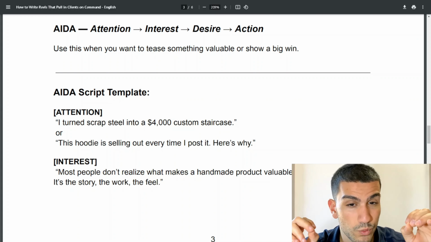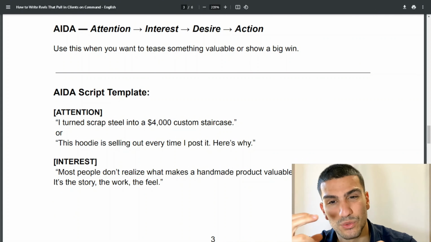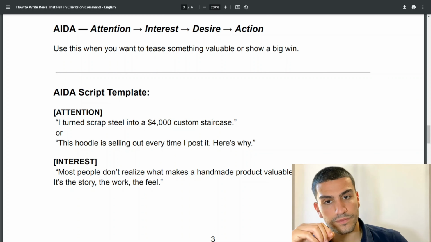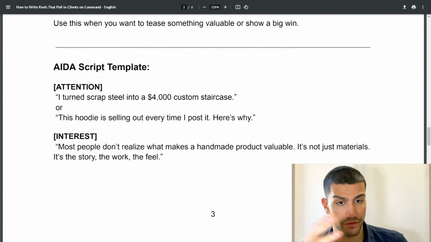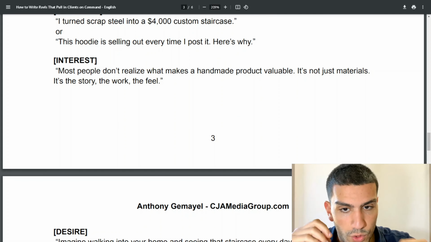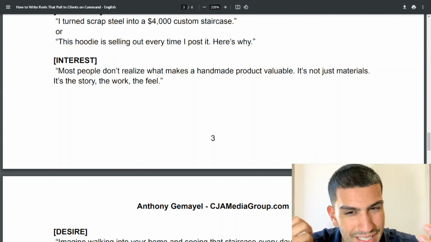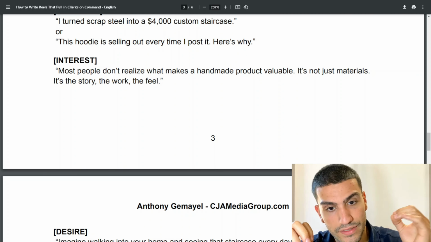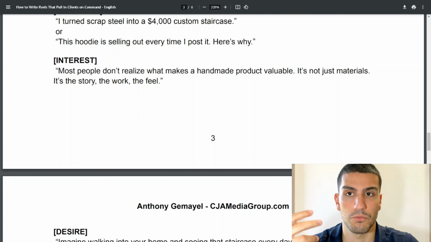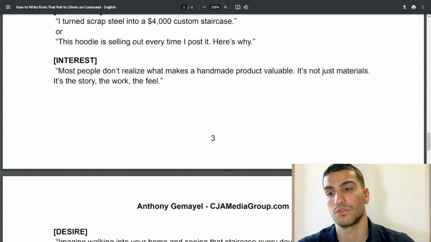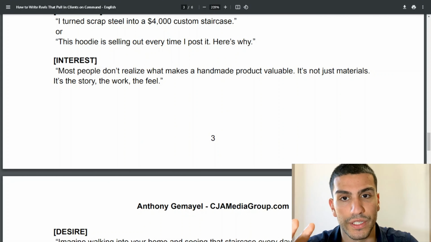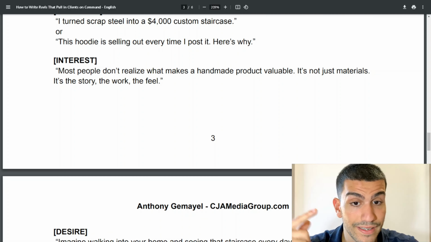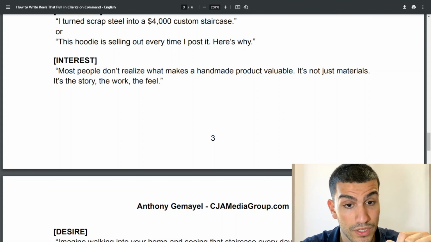This works, but we only care about sales, so we have to direct them in a way to sell them at the end, or throughout our video, or throughout our script. Now, for the interest part, you gotta tell them why the attention thing you stated at the beginning is valuable for them, or why they should watch the video, or why they should care about the video. So it's going to be something like, most people don't realize what makes a handmade product valuable.